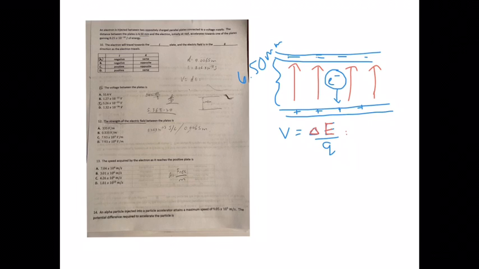On my formula sheet, it's 1e, so 1.6 times 10 to the negative 19. And I get 51.6 volts. So that should be A. 51.6 volts is the voltage between those plates.